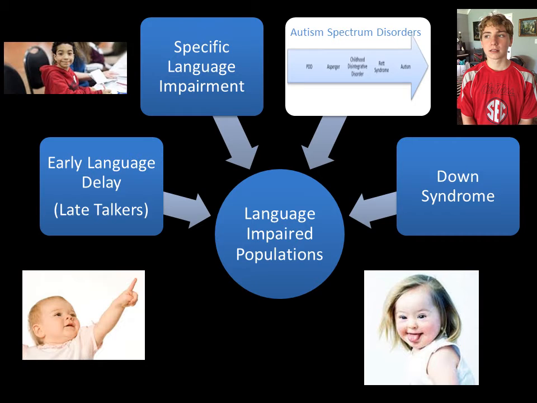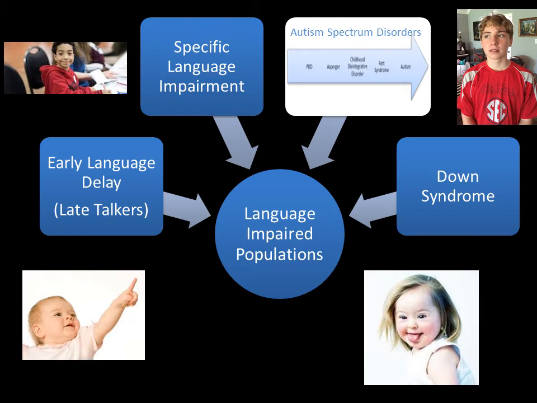These children are usually identified around their second birthday because the parents begin to notice that their peers are speaking at a much faster rate than they are. They're developing language at a much faster rate. They're using more words or putting words together. They're noticing that their child doesn't have as many words as a peer does.